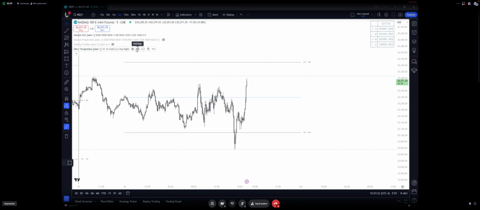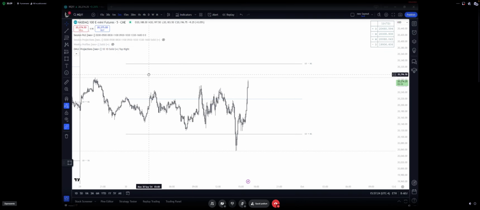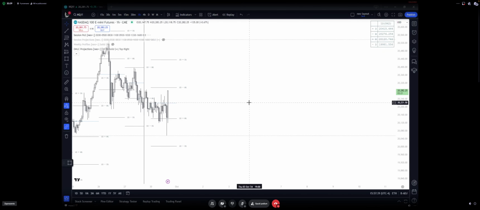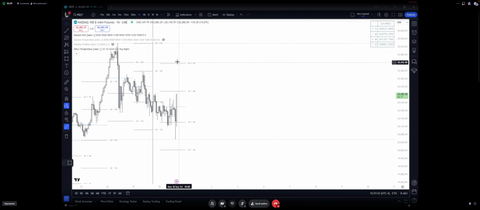So for me, if you're looking at the hourly for context, is that what you're doing? Yes, PD arrays etc. The trend. My high time frame is 1 hour and I use 5 minutes for my entries. I think you should use the daily candle because then you can consider the open, high, low, close, right?